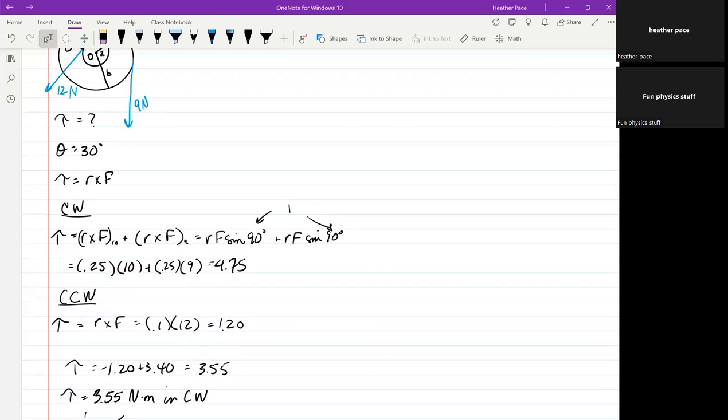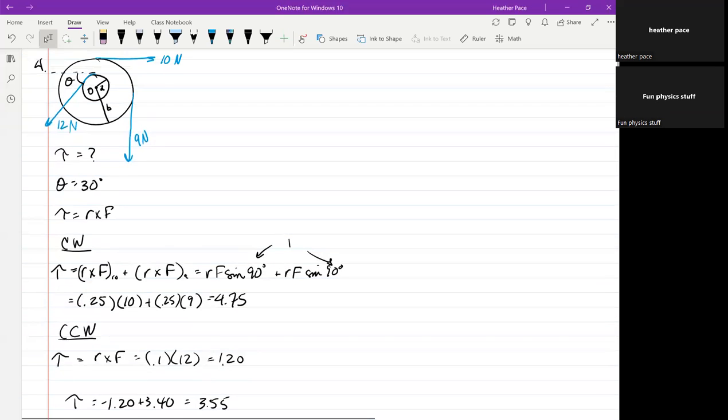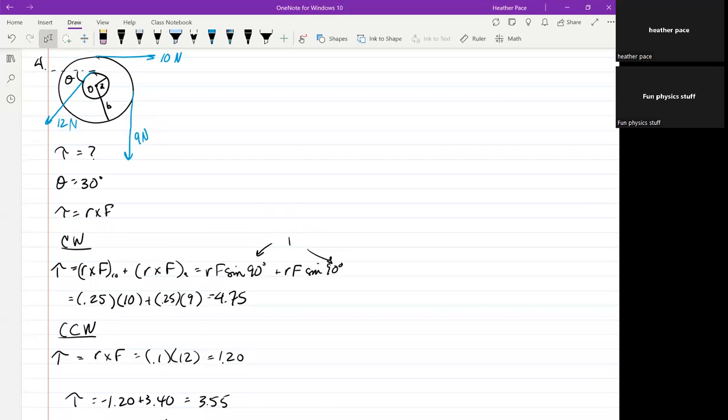So we're going to have rF sine of some angle plus rF sine of some angle. Torque is perpendicular to our forces, meaning our angle is 90. So we end up with sine of 90, and that's 1.